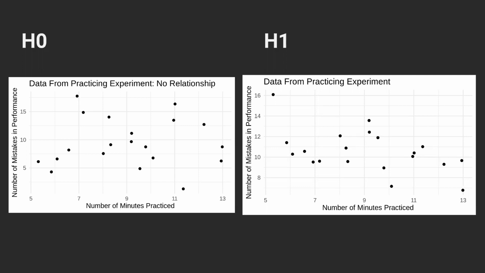In order to also introduce some terms here, the world of null hypothesis significance testing also has two terms to describe both of these worlds that we're comparing. On the left, we have H0 if you're an American, or H0 if you are British. And that describes this state of the world in which there is no relationship happening.